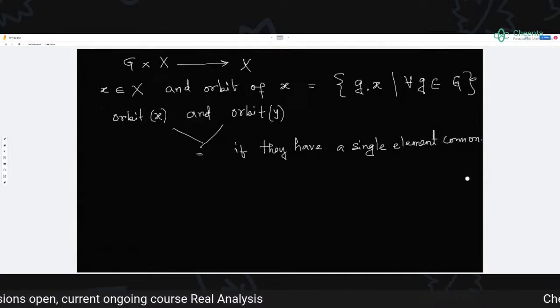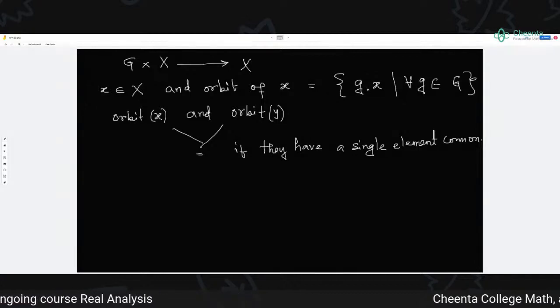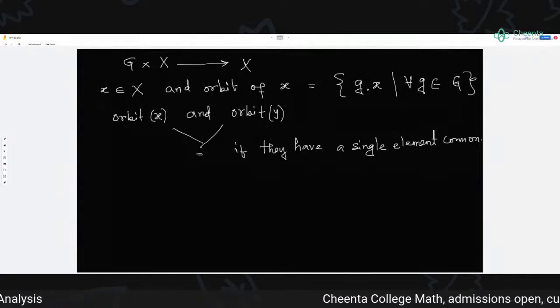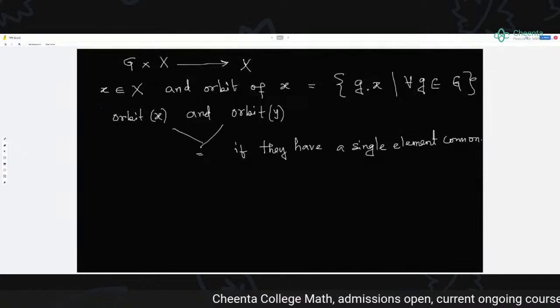So if there is a single element that is in both the orbit of x and the orbit of y, then the orbit of x equals the orbit of y.